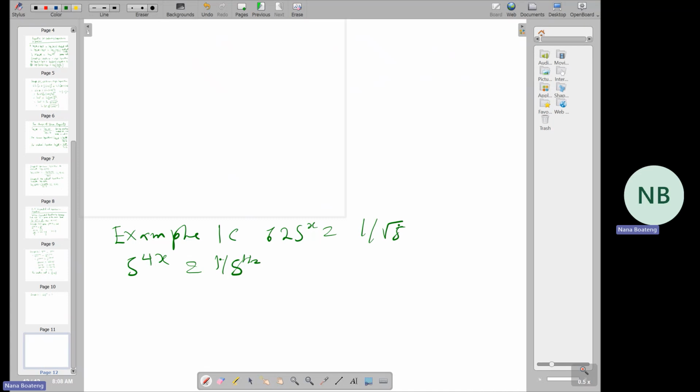And 1 divided by 5 to the power 1 half is 5 to the power negative 1 half. Okay, so now we have the bases to be the same, so we can equate the powers. So from here, we can say that 4x is equal to negative 1 half. And if we divide both sides by 4, then we have x is equal to negative 1 eighth as our solution set.